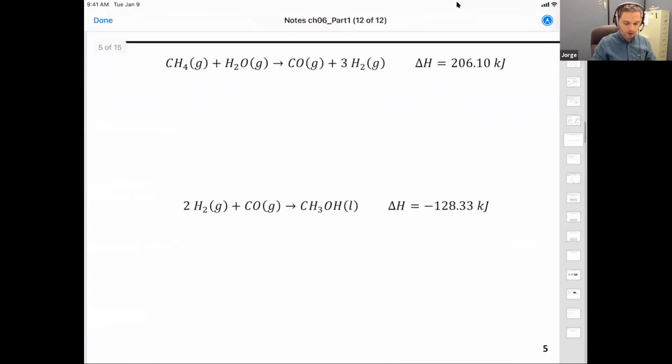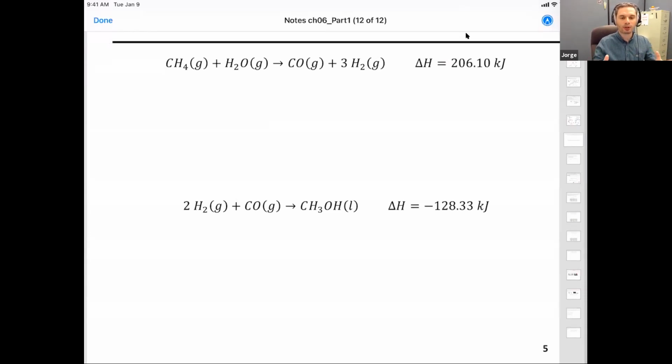Okay, so now let's use the knowledge or the base that we have about exothermic and endothermic reactions, and let's apply that to real chemical reactions. So I'm showing you here two different reactions and the value for the delta H, including the sign.